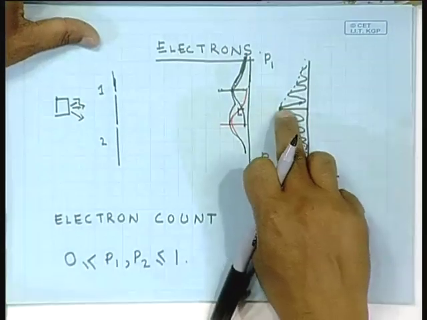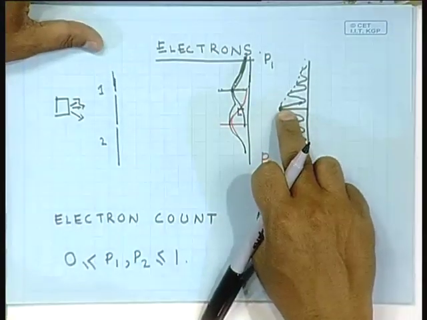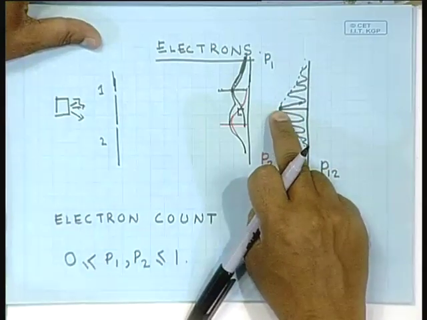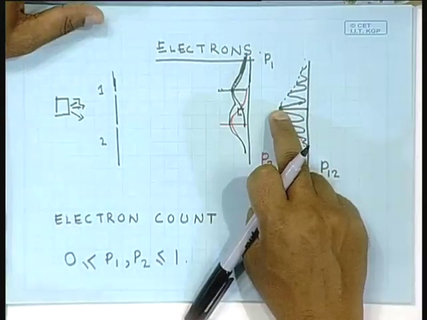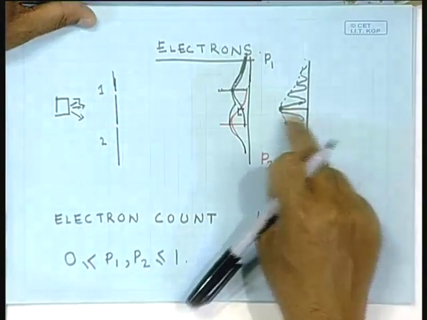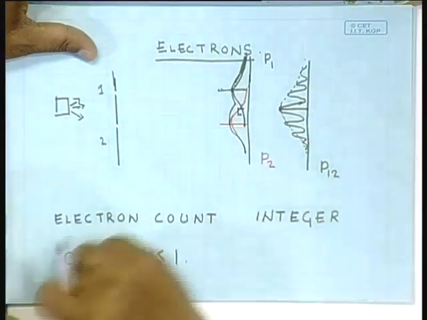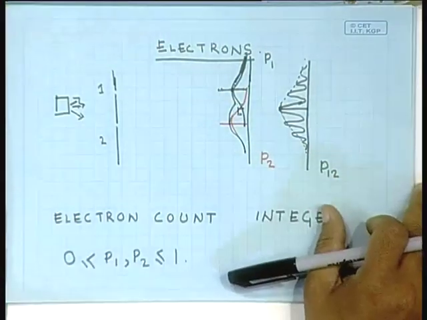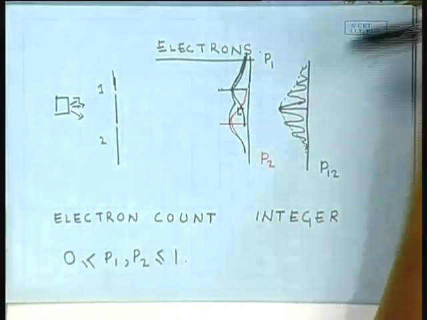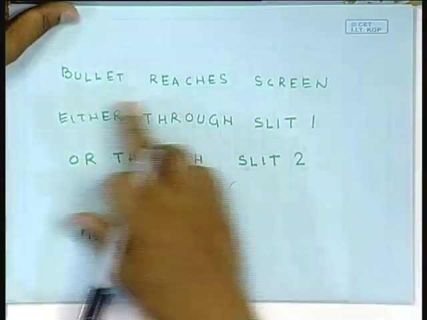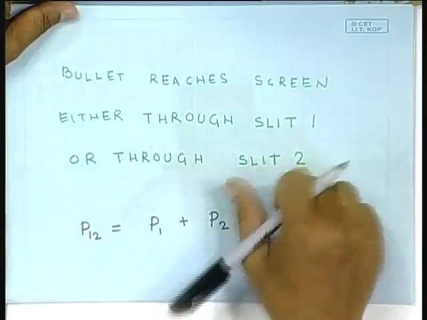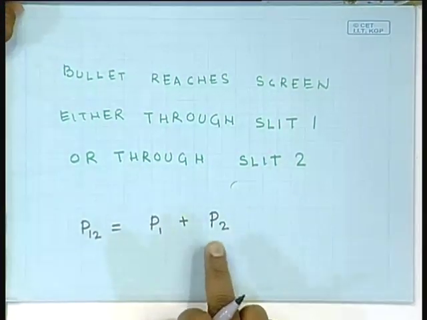And then there are points where the probability P12 when both slits are open is more than the sum of only P1 and P2. So, this hypothesis does not work in the case of electrons.